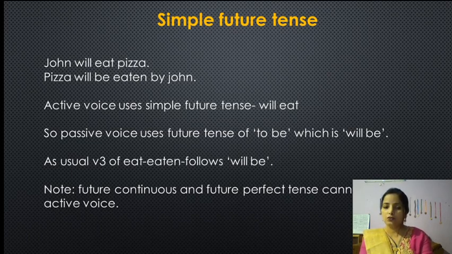During past tense also, we did simple past tense, past continuous tense, and past perfect. So why is it that during future tense we are not doing say future continuous and future perfect? We are not doing it because future continuous and future perfect tense cannot be used. They cannot be brought into active passive voice kind of combination. It is not grammatically allowed. That is why I am not discussing it.